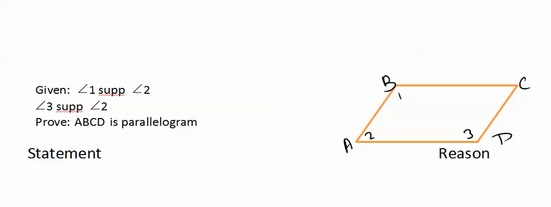Alright, let's look at a quick proof. Given the following, that angle 1 is supplementary to angle 2, and angle 3 is supplementary to angle 2, prove that ABCD is a parallelogram. A parallelogram is defined as two pairs of opposite parallel sides.